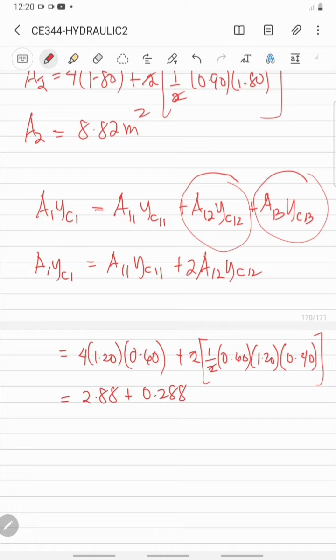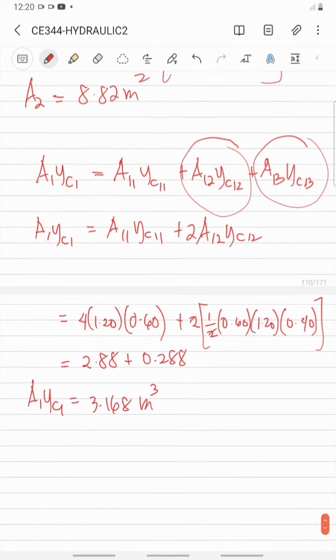So 2.88 plus 0.288, your area 1 yc1 is equal to 3.168 cubic meters.